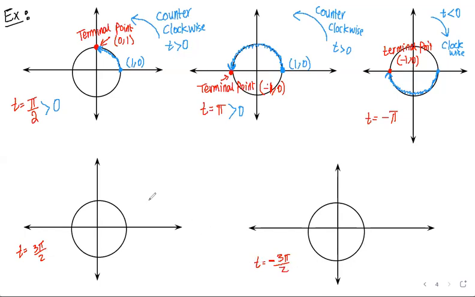The question is to find the terminal point. For this one, what is 3 pi over 2? What is the distance?